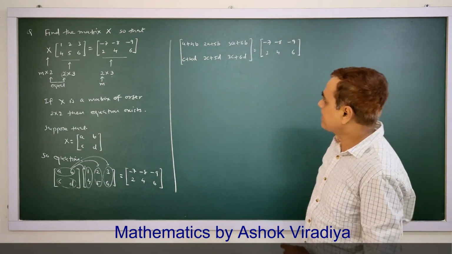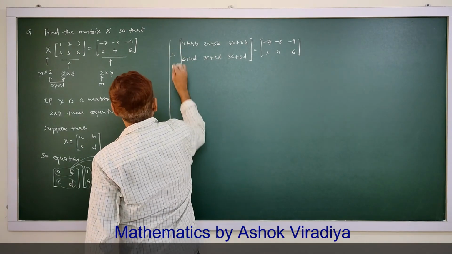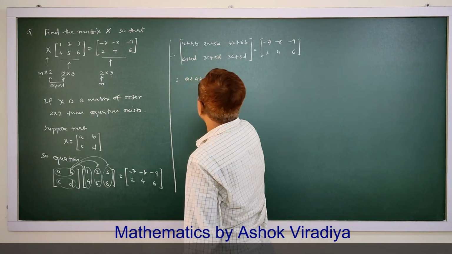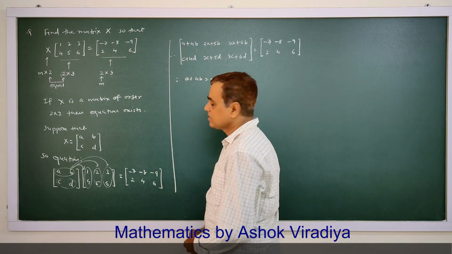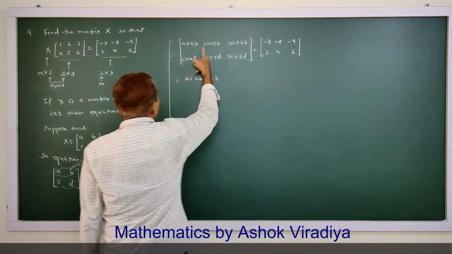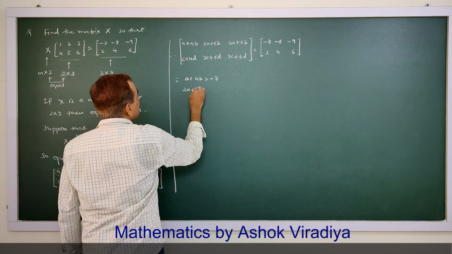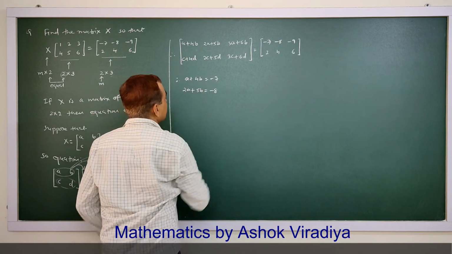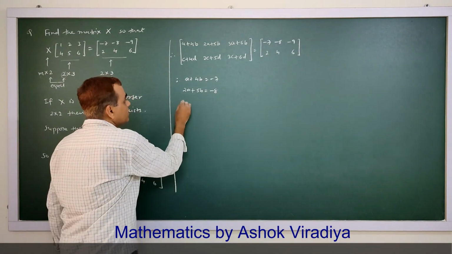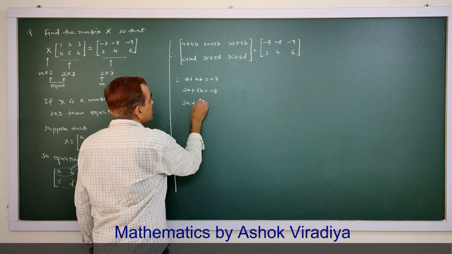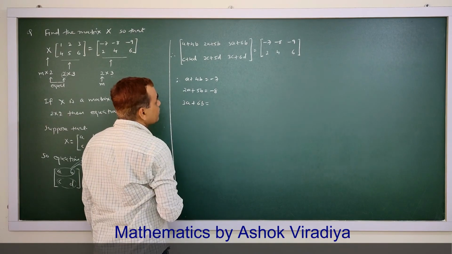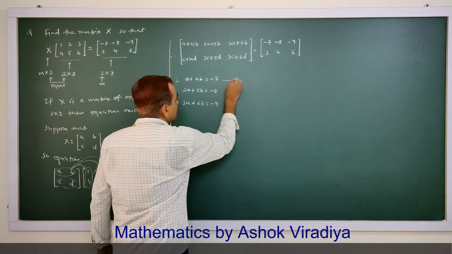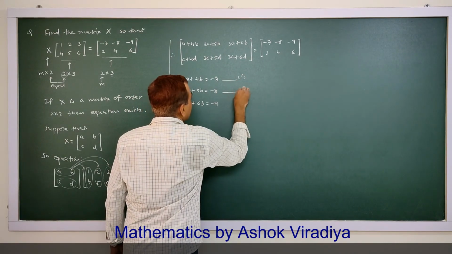Now comparing both matrices, A plus 4B is equal to minus 7. 2A plus 5B equal to minus 8. 3A plus 6B equal to minus 9. This is a set of three equations.